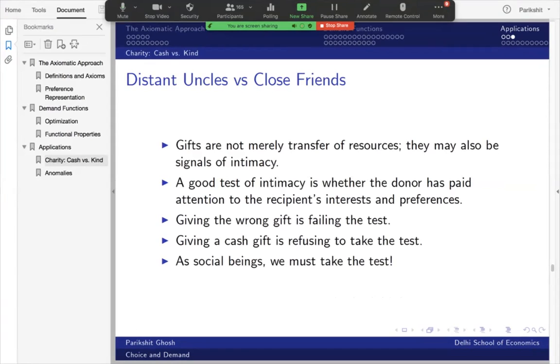A distant acquaintance like an uncle could give cash. There's no big deal with that. But somebody close, a sibling, parent, child, or spouse, is not supposed to give cash. They're supposed to find something for them.